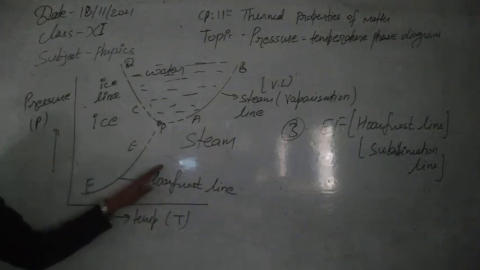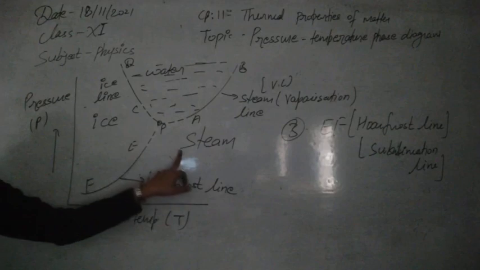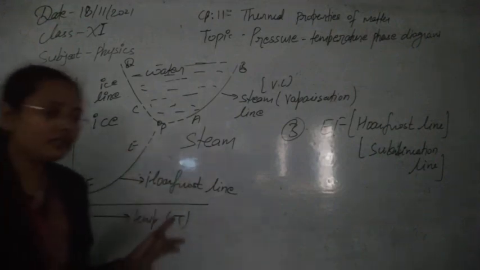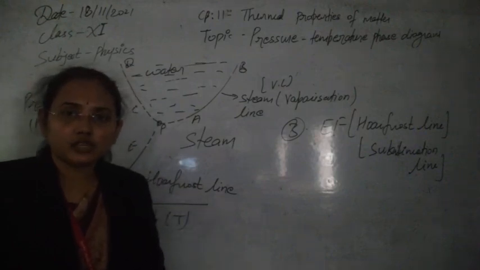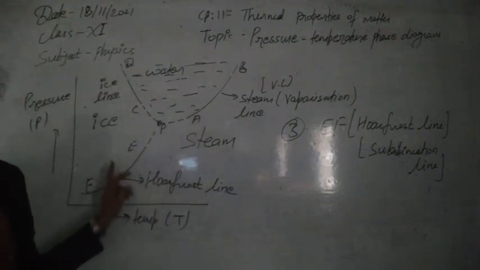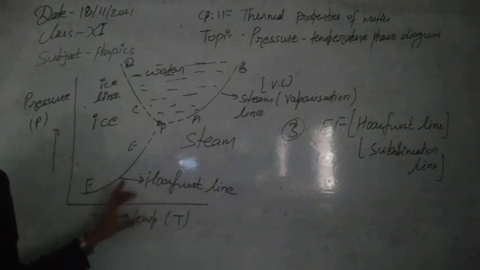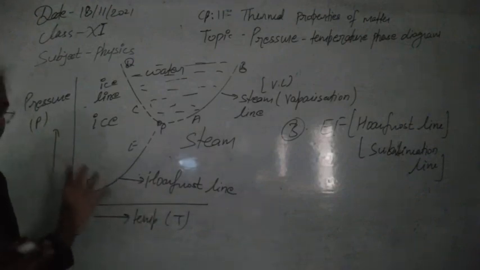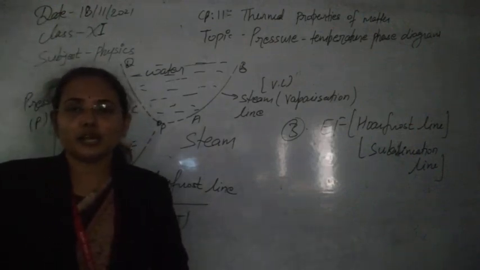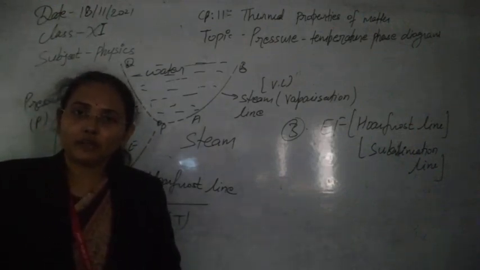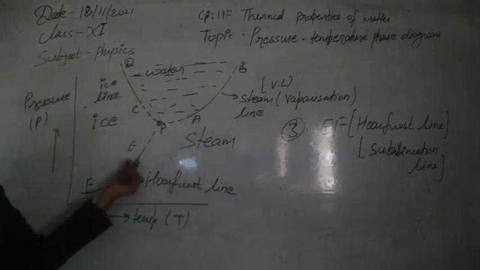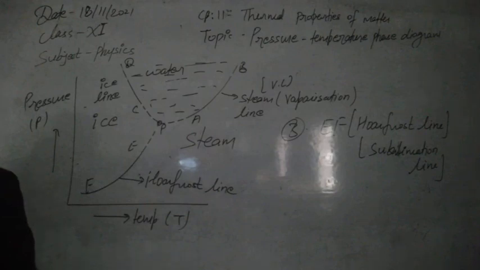So the direct conversion of solid into gaseous state is also possible, and that is defined by this line. All the changes of state of matter can be easily understood by the pressure-temperature phase diagram. This is a very important diagram to understand change of state as well as how two states coexist at a particular pressure and temperature. That can be calculated by this two-dimensional diagram.